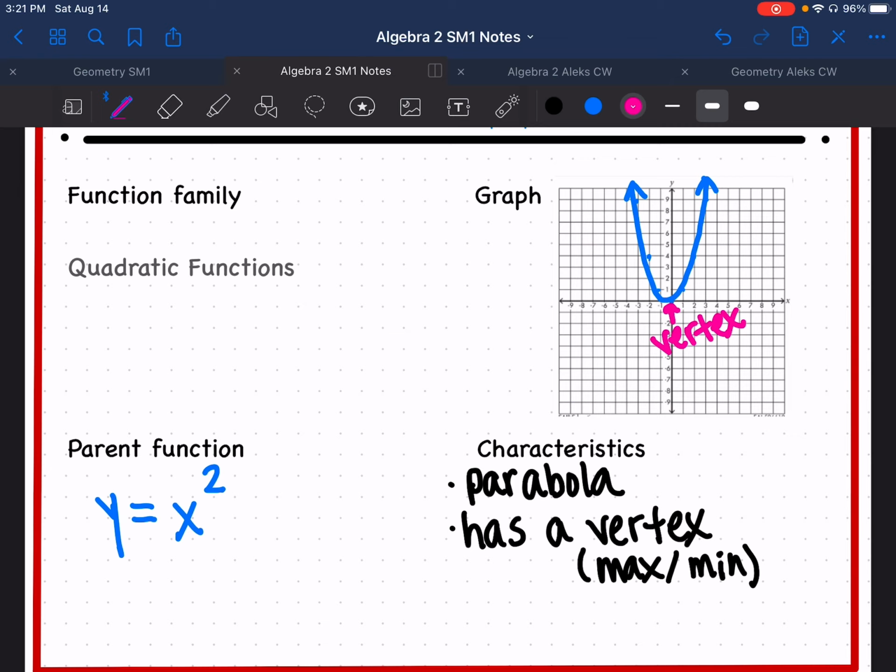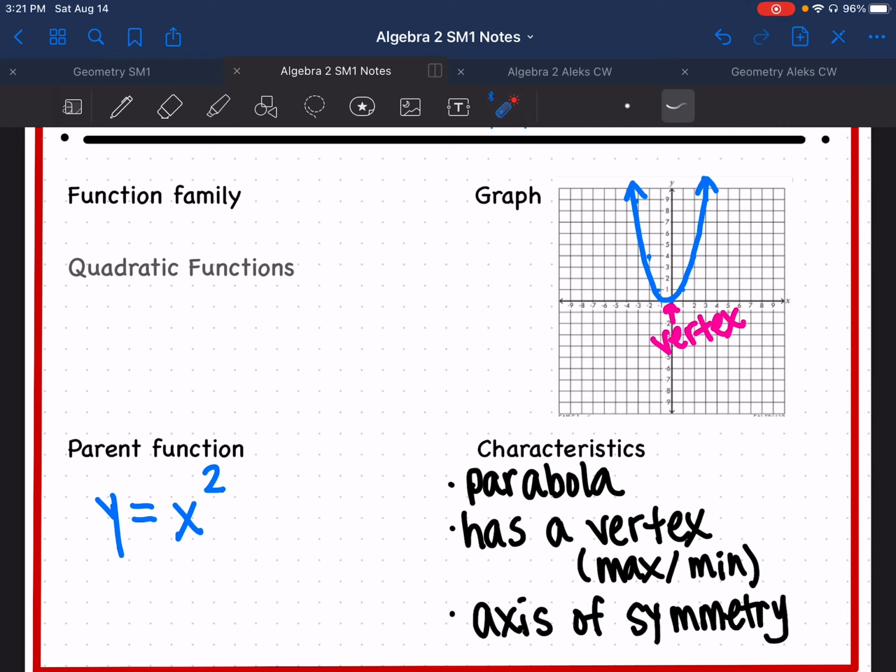Okay, and it also has what is called an axis of symmetry. What's happening on the left side of the graph is the same as what's happening on the right side of the graph. Right through the vertex is our axis of symmetry, so that the point 1, 1 is mirrored on the other side at -1, 1.